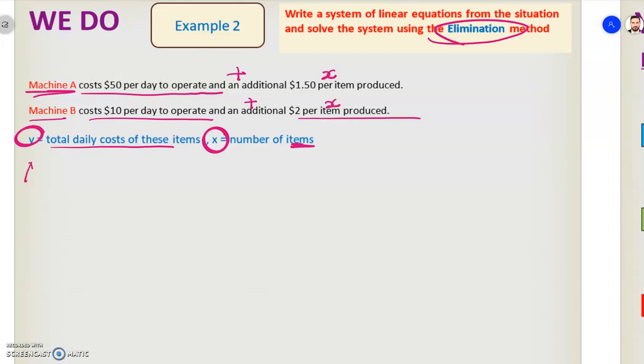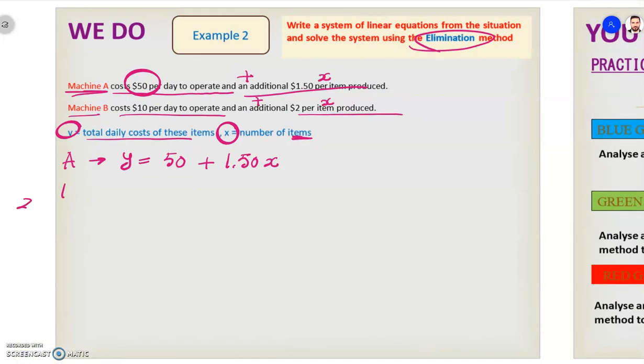Let me write the situation for machine A: y equals 50 plus the additional fee 1.50 per item, 1.50x. For machine B, it costs per day 10 plus 2.0x.